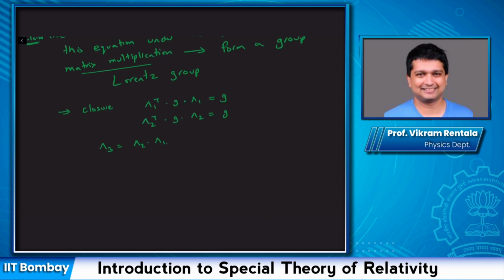That is, we want to know, is it true that lambda 3 transpose dot g dot lambda 3 equals g?